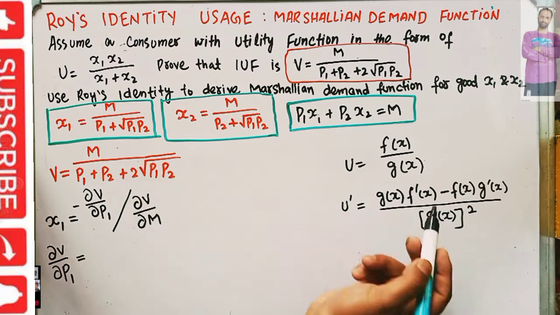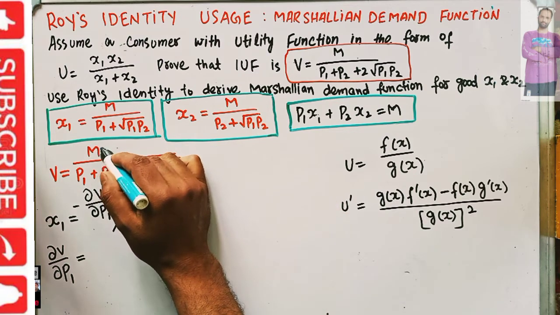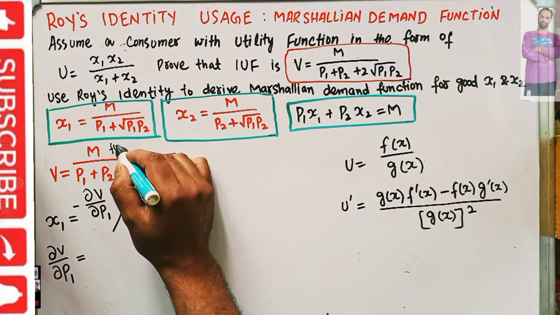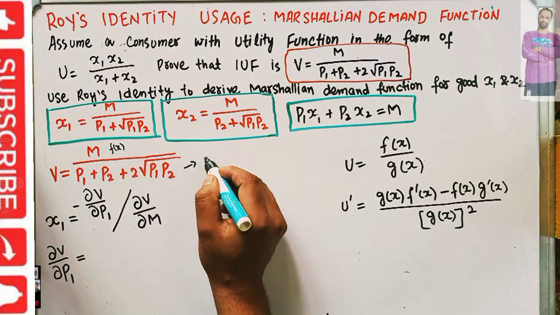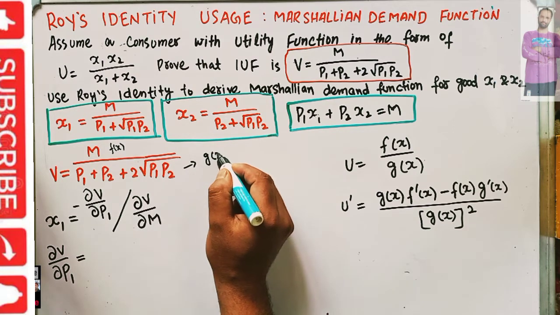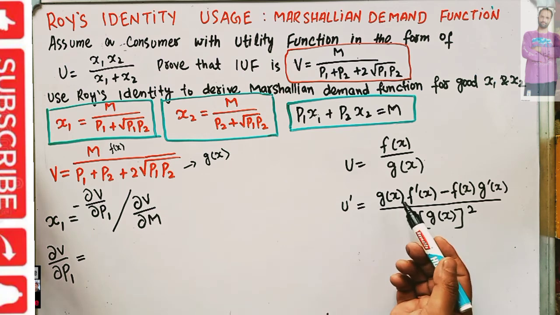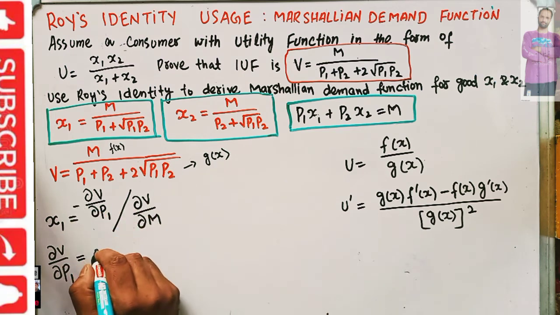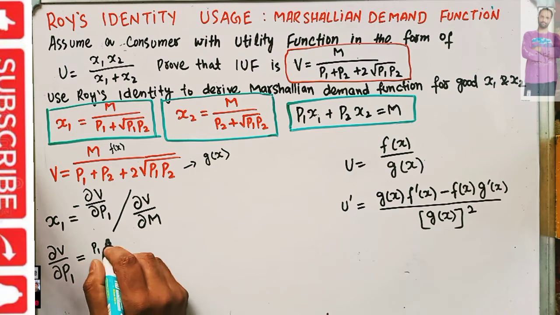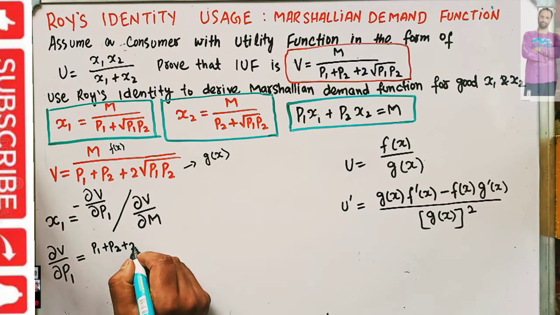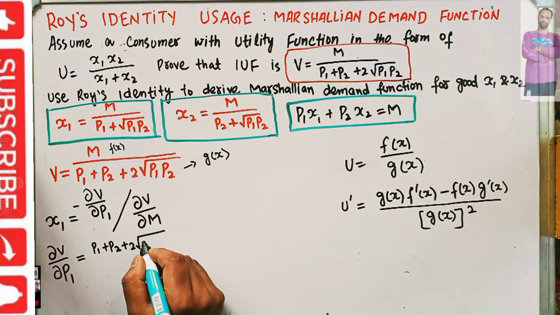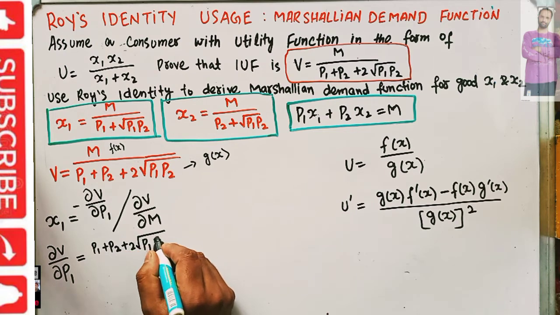So in place of this is our f of x, and this whole stuff is our g of x. Now let's use this. So first we write g of x. So g of x is this, p1 plus p2 plus twice p1 p2.